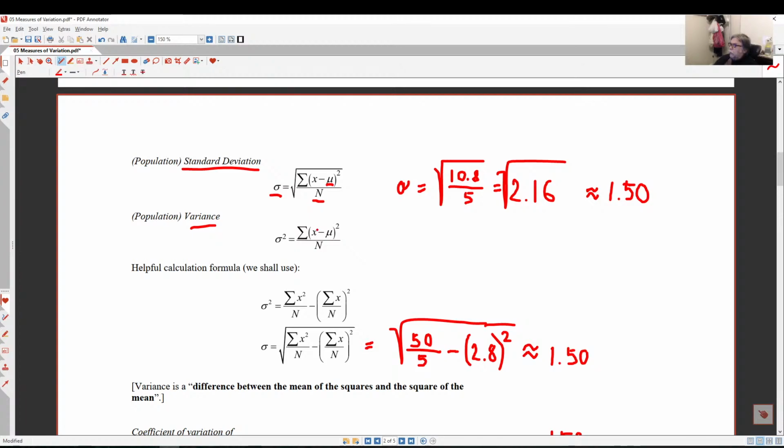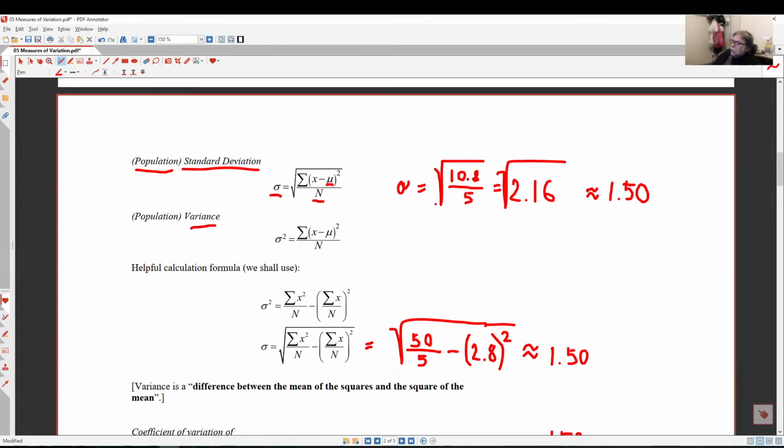I want to point out that if you are going to calculate the population standard deviation, now when you don't say sample standard deviation, you mean population standard deviation. So the population standard deviation is a parameter, meaning there's only one population. And that is calculated differently.